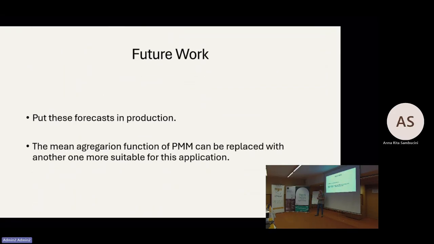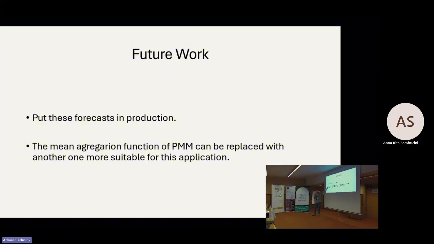As future work of this project, we want to put these models into production to make forecasts in real time. With that, we want to see how it works, how the users interact with them, and improve it even further.